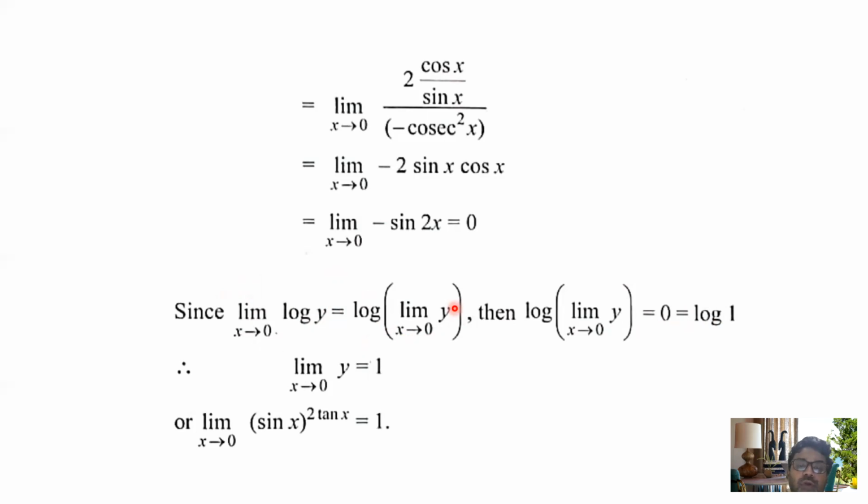So from the previous step, log of limit y equals 0. What is 0? You can write it as log 1. So the log cancels, and you may write limit x tends to 0 of y equals 1. What is y? You considered y equals (sin x) to the power 2 tan x, which equals 1. So this is the result for this particular problem.